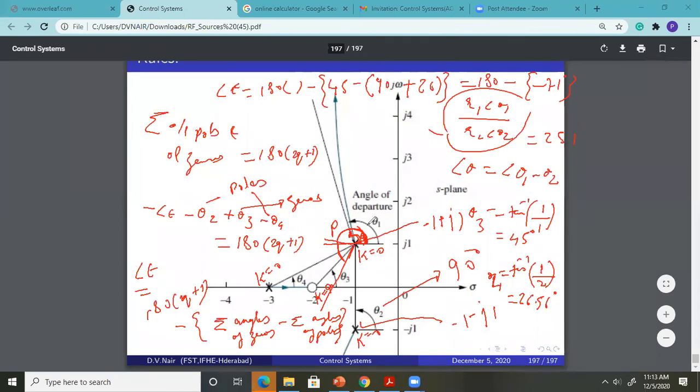The angle should be equal to what? The entire equation will be equal to minus epsilon as per the previous equation. Yeah, that minus sign somewhere I missed it. Okay, we will hold on to this.